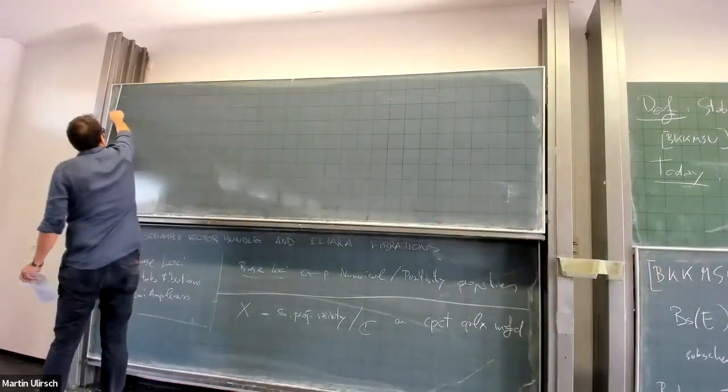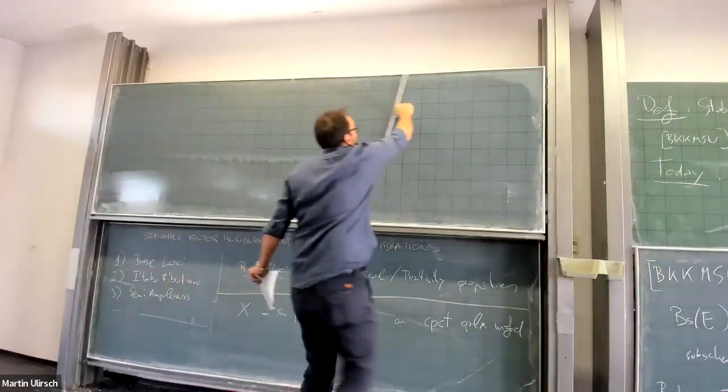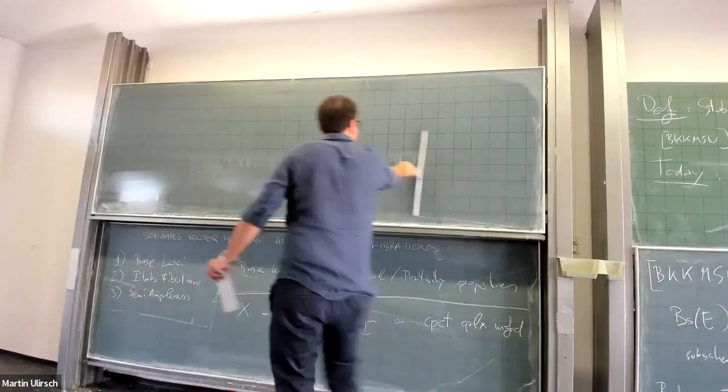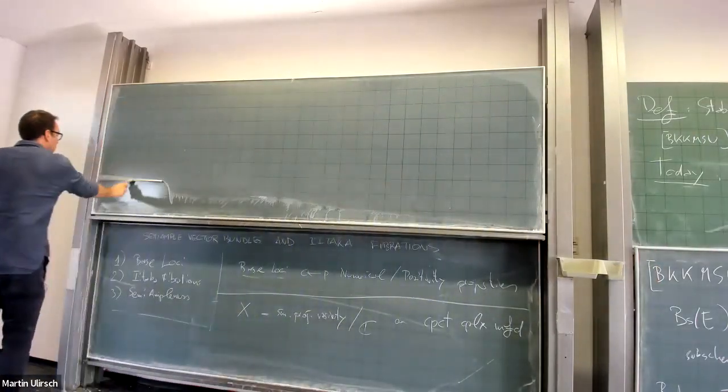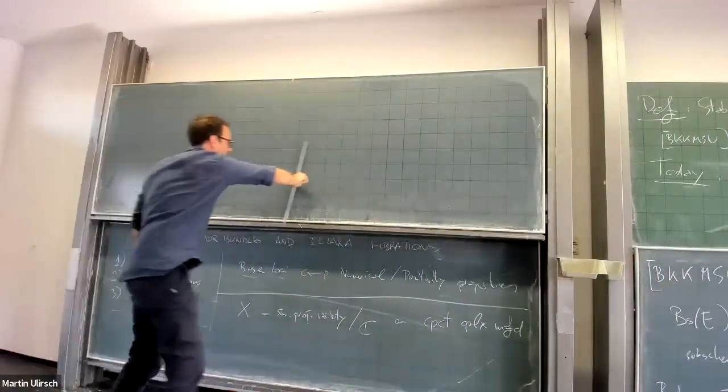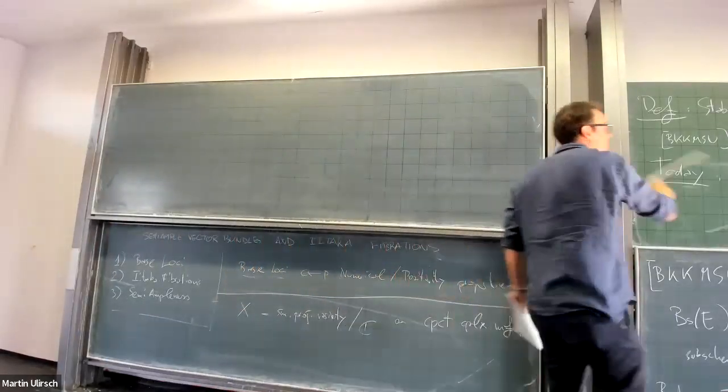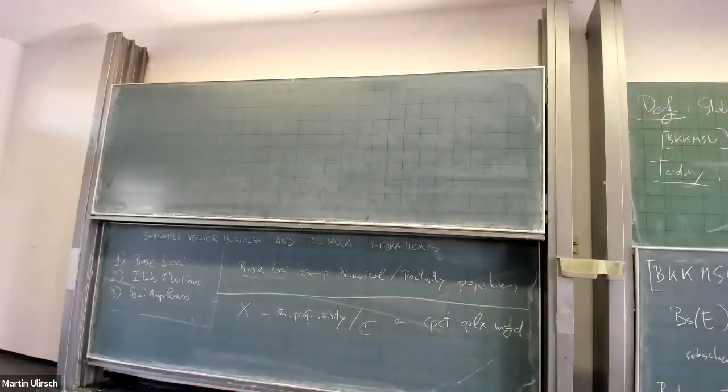First, I would like to give an easier example that will show us why we have to take care of the definitions when we want to talk about semiample vector bundles.